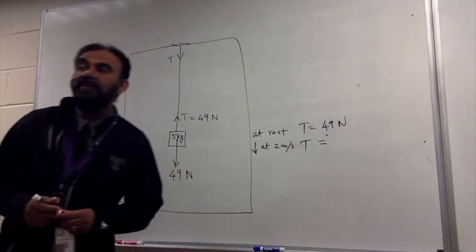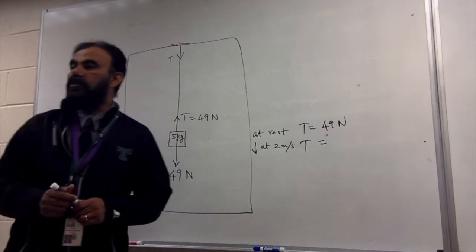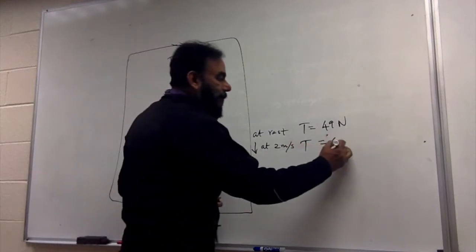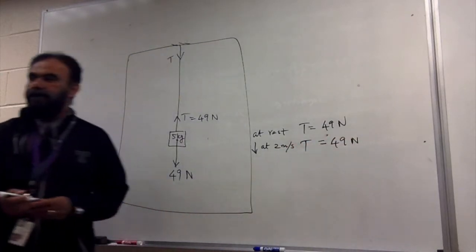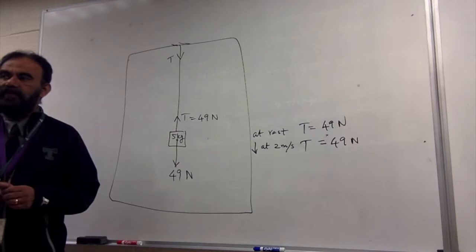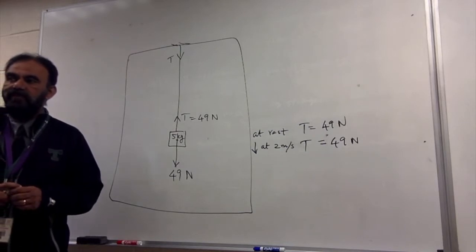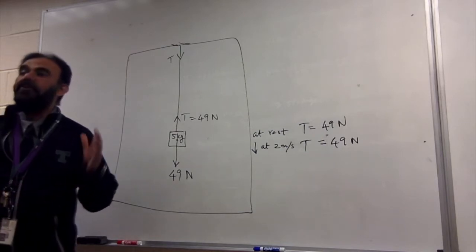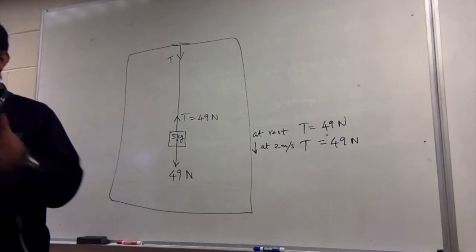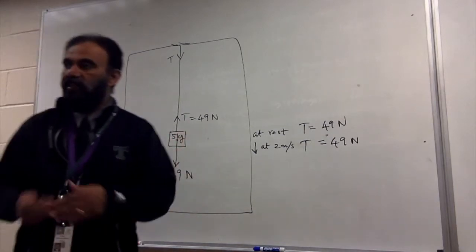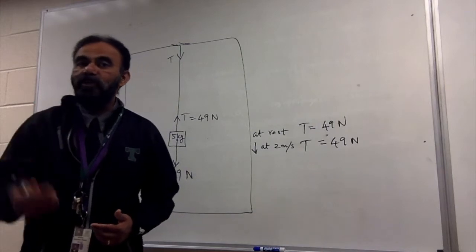Say that again. 49. Why did you conclude it's 49? Because it's still exerting the same force on the 5 kilogram block, right? Yeah, but what made you conclude that? That's my question. You're saying the same thing again. You said 49 and you're saying the same force. But what made you conclude it's the same force?